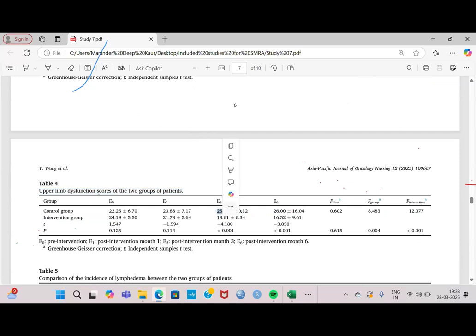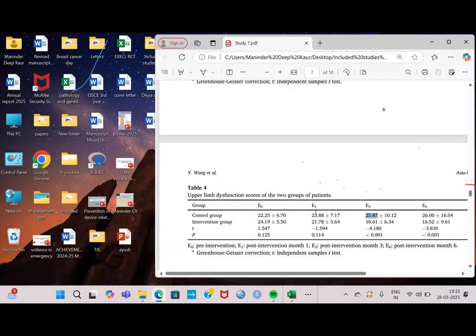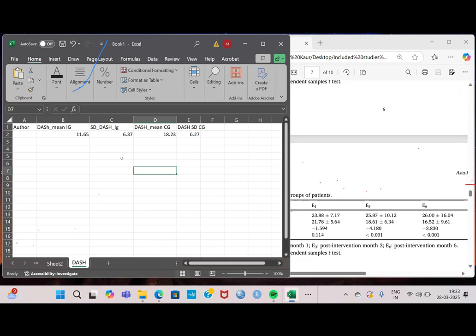So we will take these values. Yes, this is the baseline. This is after the baseline. Then this is from 13 to 17 weeks. So I will enter the numbers in the Excel file. DASH IG. DASH means score in the intervention group.